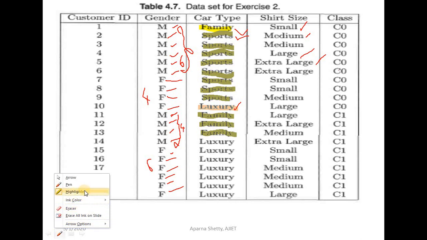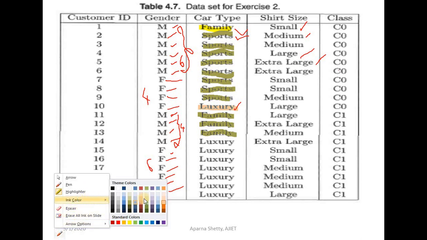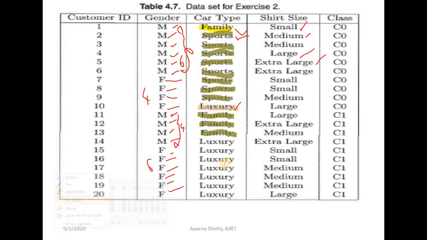How many records belong to class 1? 1, 2, 3, 4, 5, 6, 7. So there are 7 records that belong to class 1 and only one record that belongs to class 0.